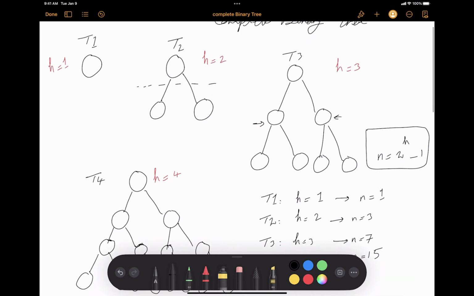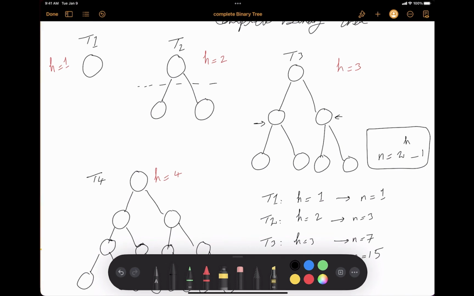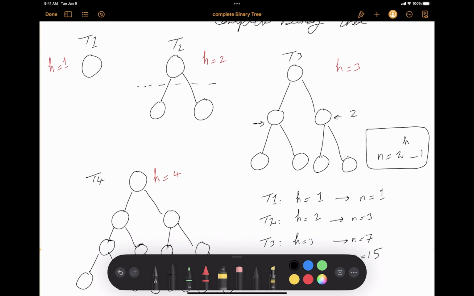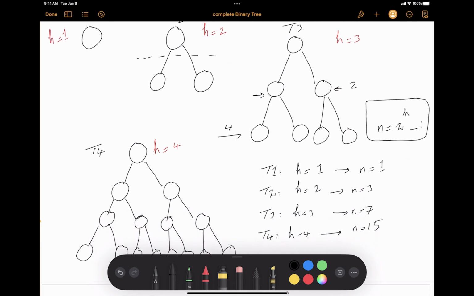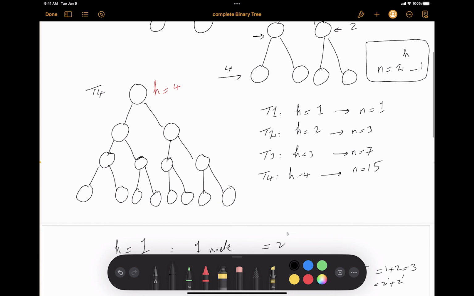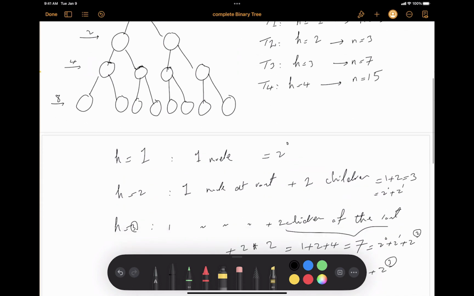As you see here, we have only 2 nodes, and here it is double, so it becomes 4. So it is twice the number of nodes that we have in the previous level. Same for T4. As you see here, we have 8, here we have 4, here we have 2, and here we have 1. Each level is exactly twice its previous one.